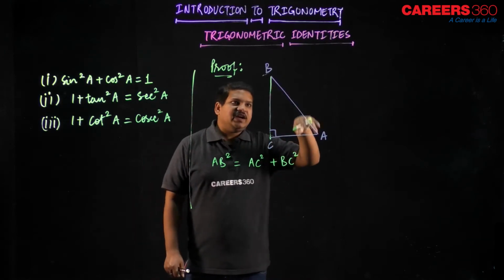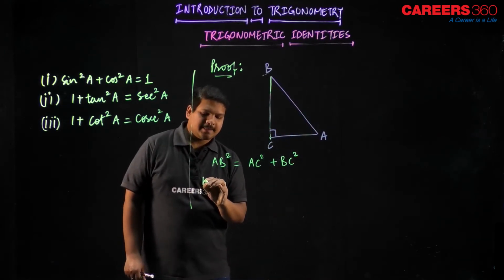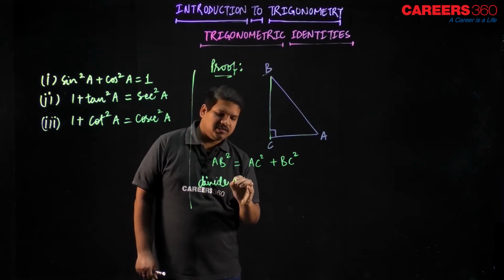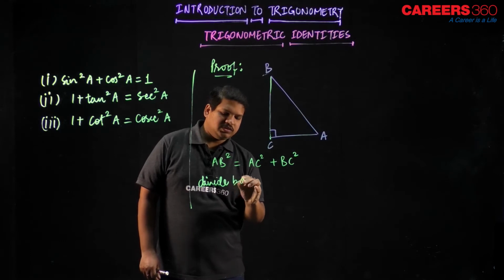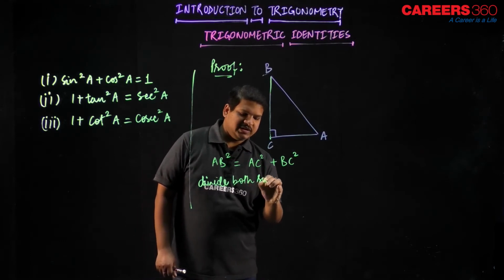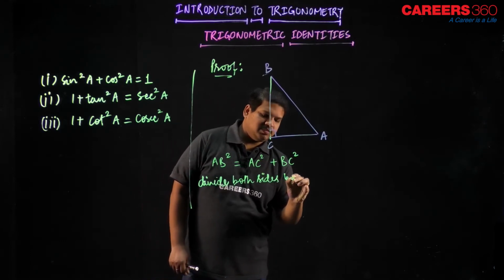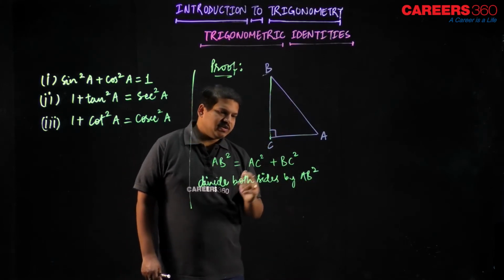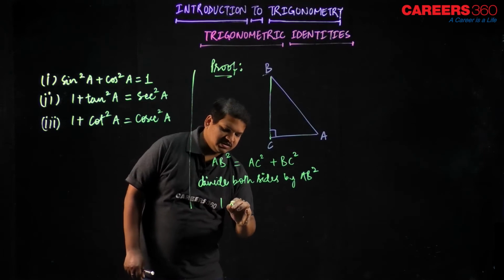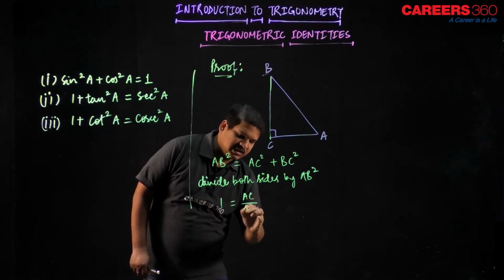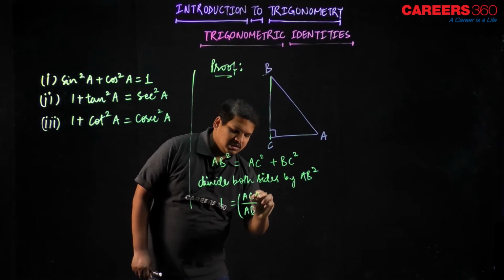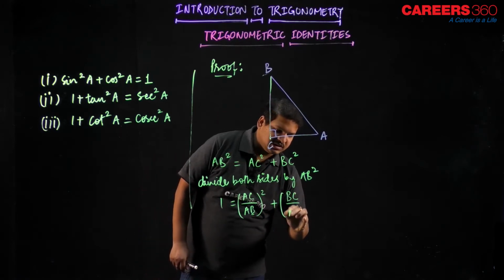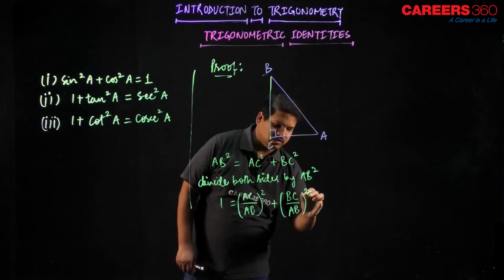If I divide this entire equation by AB square, both sides, what I will be getting is 1 is equals to AC upon AB whole square plus BC upon AB whole square.